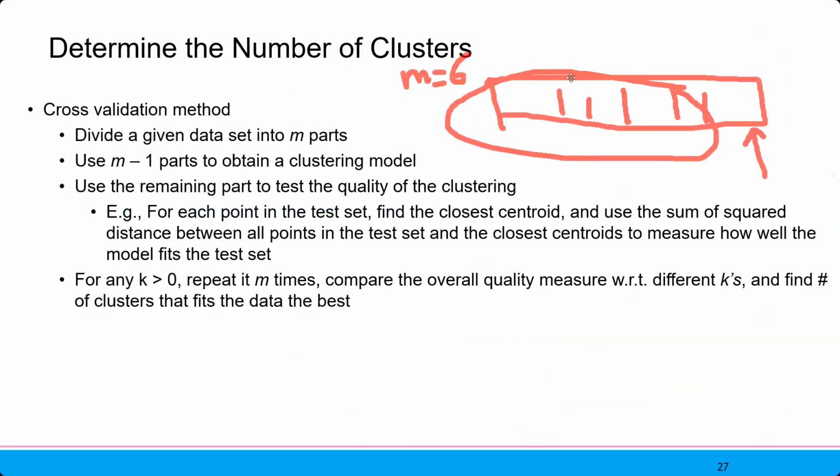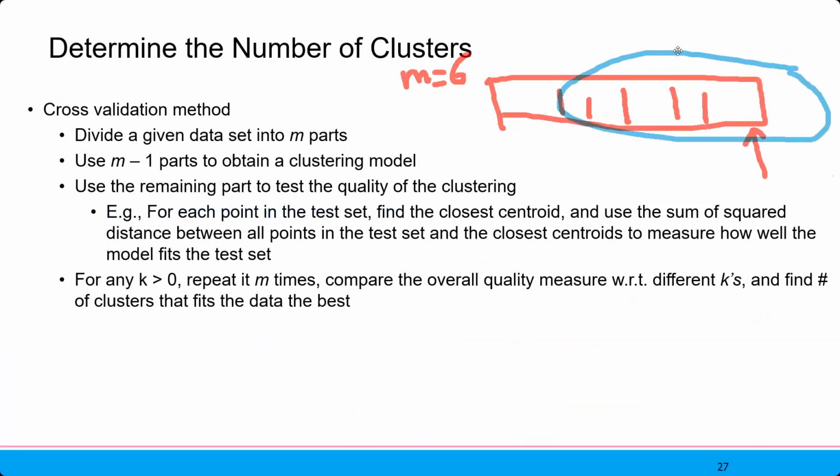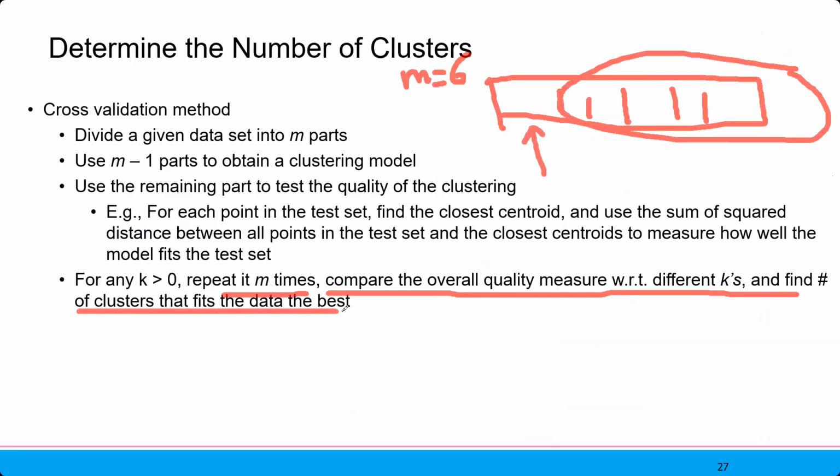You can use this remaining as the training and this one as the testing, and so on. For any k, repeat it M times, compare the overall quality measures with regard to the k, and find the number of clusters that fit the data the best.